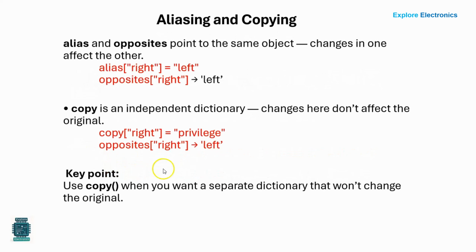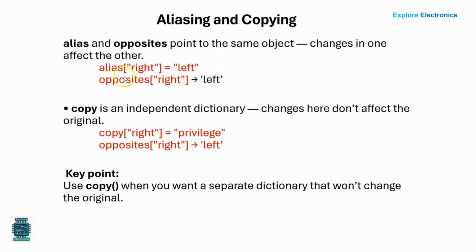Clear? Here alias and opposite point to the same object. If I take alias and opposite, both point to the same object. Changes in one affect the other. If I access alias of right, it will give left as it is. Opposite of right is also left only. Clear?